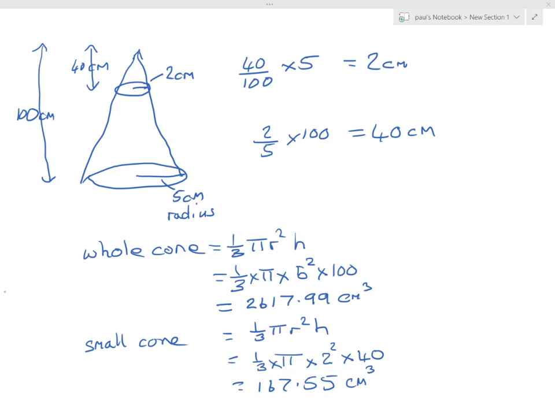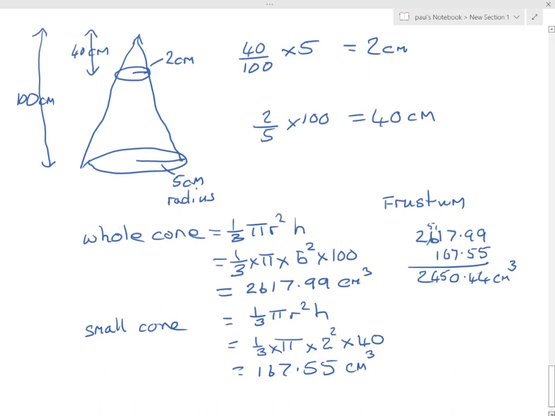And to find the frustum, it's 2617.99 minus 167.55, and that's going to be 2450.42 centimeters cubed.